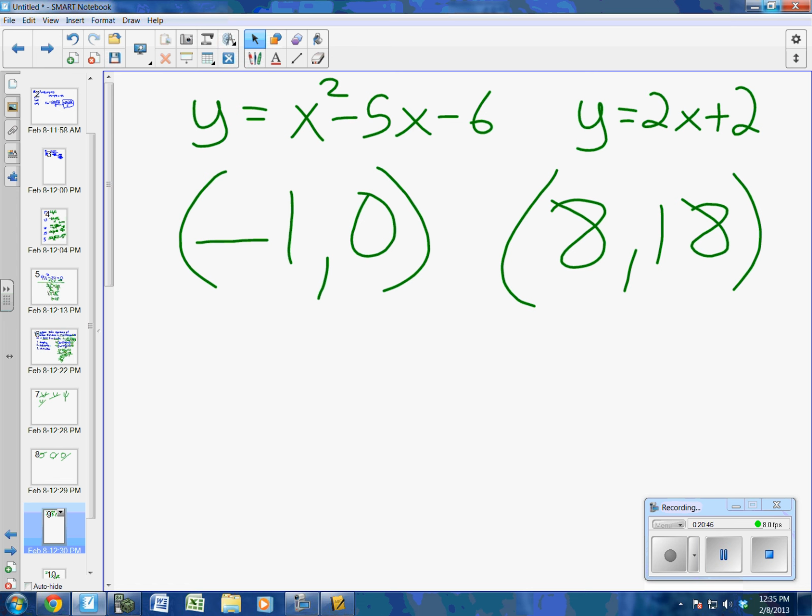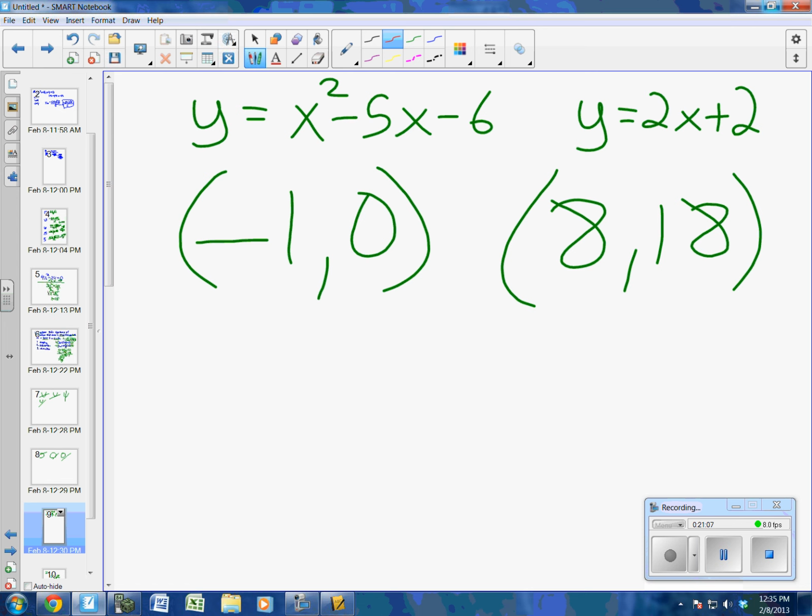And the students were looking at me like, what do you mean an algebraic method? Well, I mean substitution, okay? These won't work with elimination. You can't do elimination on these because of the x squared. So you have to do a substitution. So that's what we're going to do right now. We're going to get these same two answers, but I'm going to show you how to do it with an algebraic method, okay? So here we go.